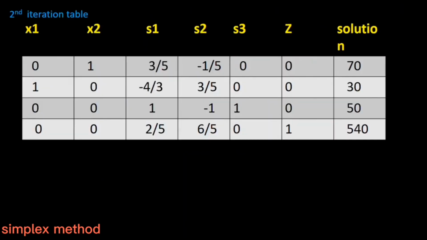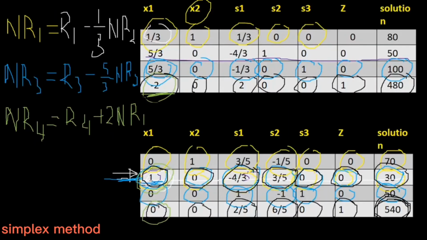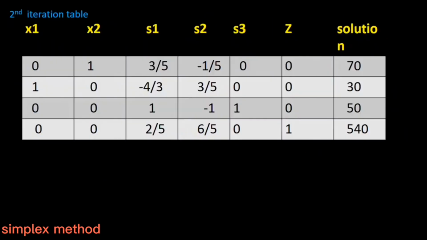Let's move on. Carrying this table that we plotted here and bringing it here to see it better and analyze. Now this is a basis, this is a basis, this is a basis, and here is a basis.